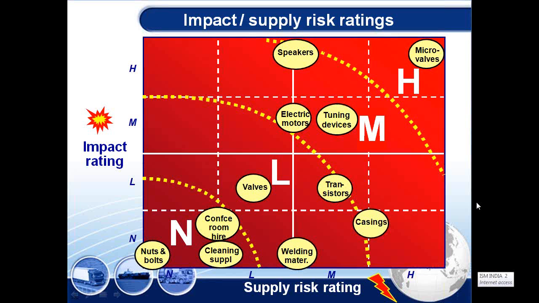Cleaning supplies, again my risk is low and impact is low. The items which are really affecting are the high value ones as well as high impact ones. Speaker and micro valve, you can see both are giving high impact. The only difference is the speaker doesn't have a very high risk because there are many choices available, while for micro valves there are not many choices available.